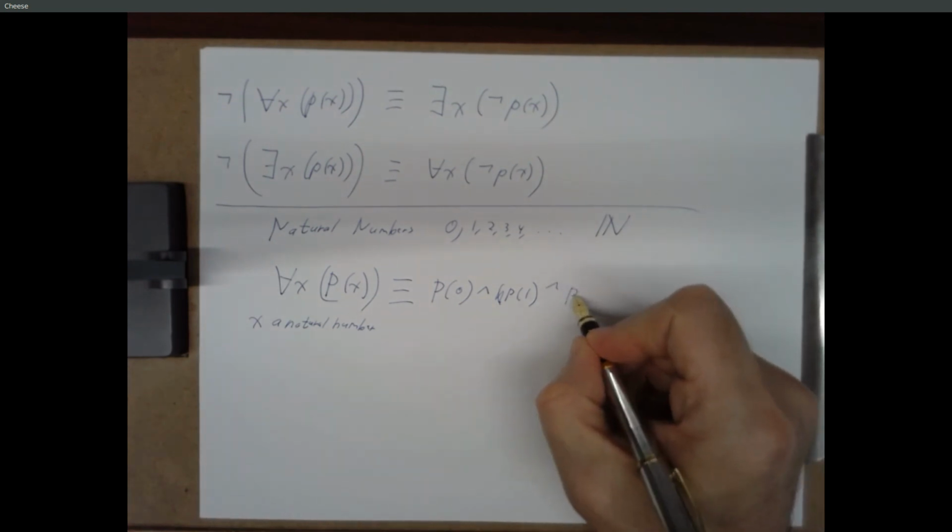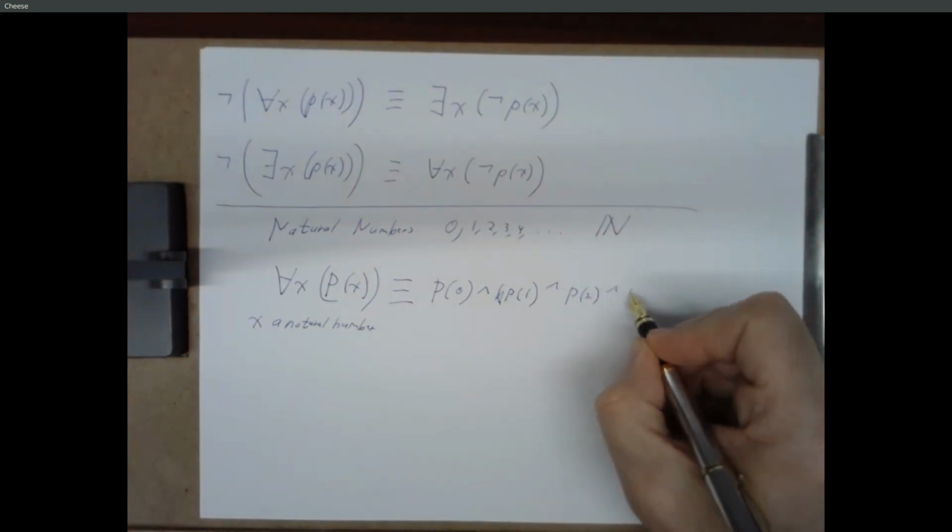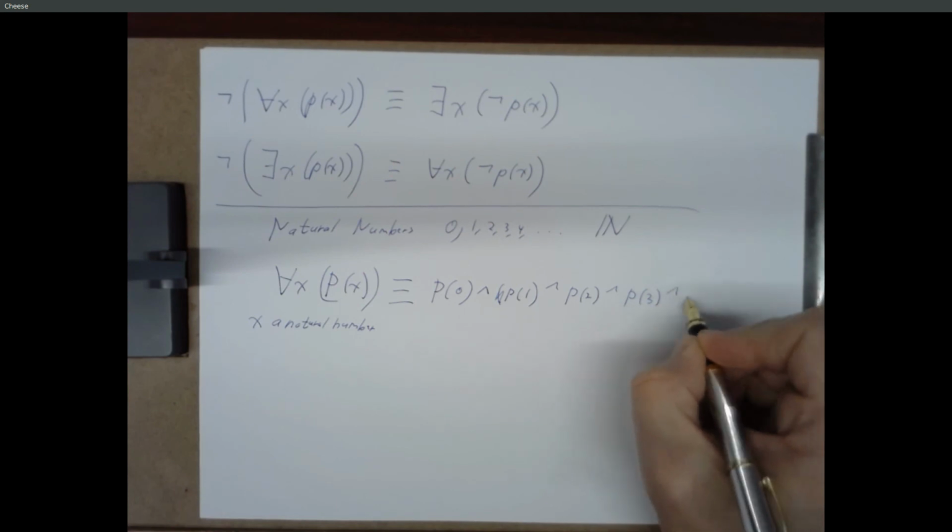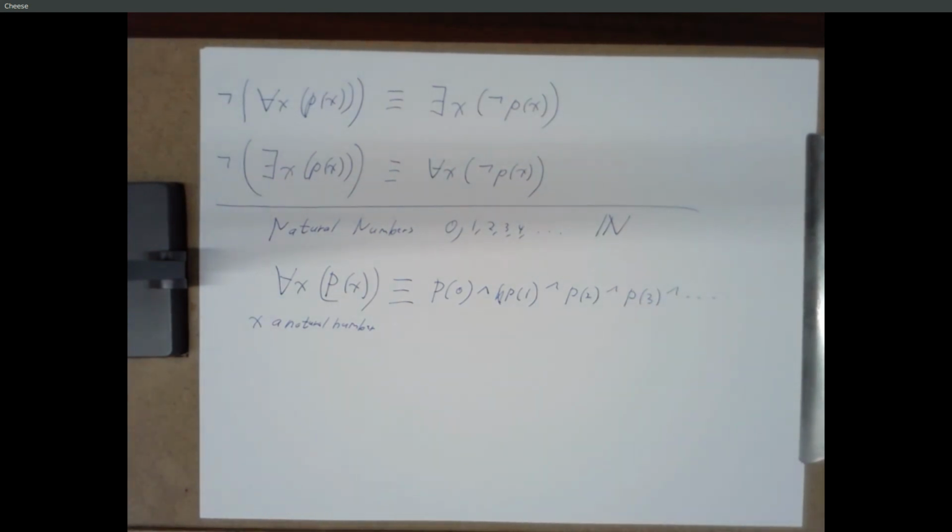And p of 2 is also true, and p of 3, and so on. So this is really a shorthand notation of writing p of 0 and p of 1 and p of 2 and so on. It's saying that the and of all of those, the conjunction of all of those is true.